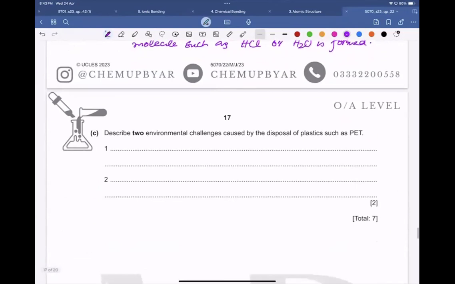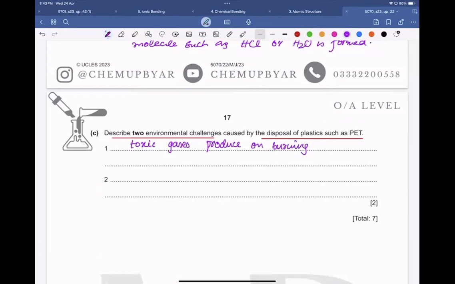Okay. Now, describe two environmental challenges caused by the disposal of plastics such as PET. Yes, landfill sites obviously may fill up, and on burning it causes toxic gases. And if we accumulate it in ocean, so there will be pollution in ocean as well. So toxic gases produced on burning.